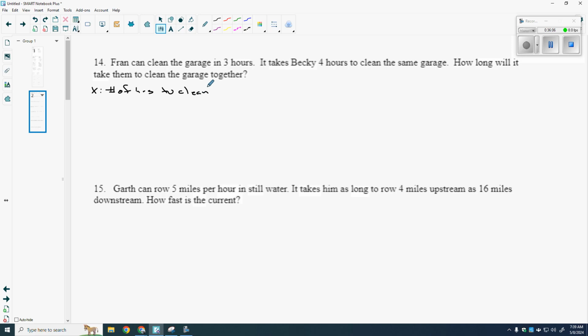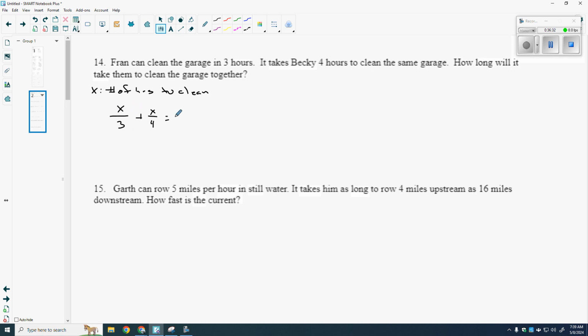If it takes x hours to clean, then x divided by 3 tells me the part of the garage that Frank can clean, and x divided by 4 tells me the part of the garage that Becky can clean.